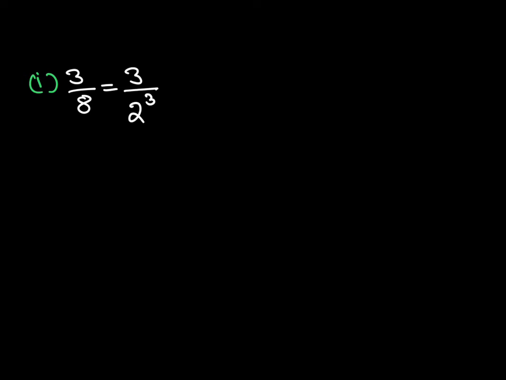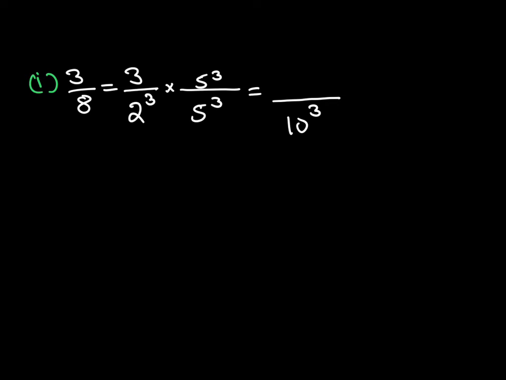In order to understand that, for 3 over 2 to the power 3, I have to make the denominator a power of 10. To do that, I can multiply and divide by 5 to the power 3, so that my denominator now becomes 10 to the power 3. 2 times 5, the whole thing to the power 3, is 10 to the power 3.